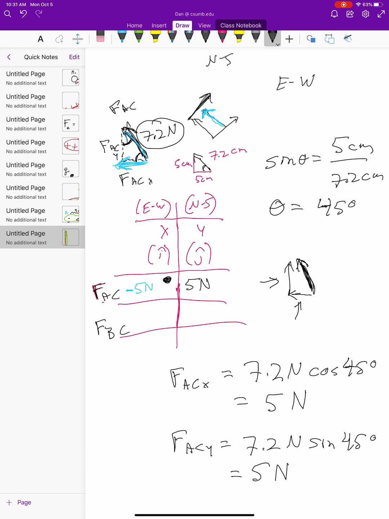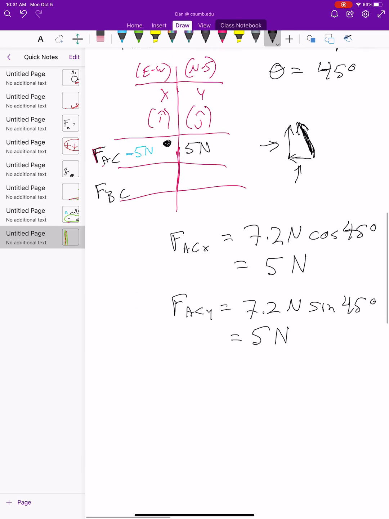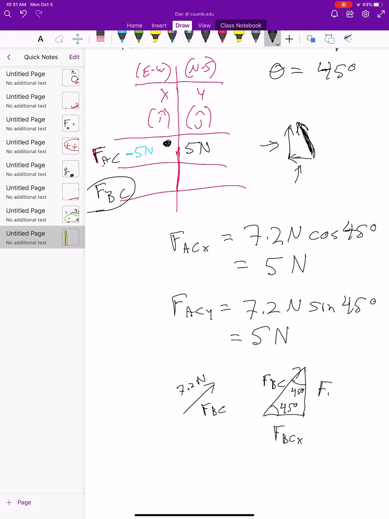Now let's look at FBC. All right, let's look at this one and figure out what values it's going to have. FBC looks like this, and it's also 7.2 newtons in size. It's also part of a right triangle, which we could figure out from the same argument, 45 degrees here, 45 degrees there. So FBCX and FBCY are those two sides.